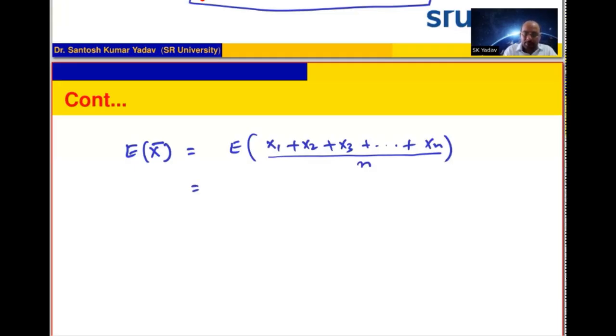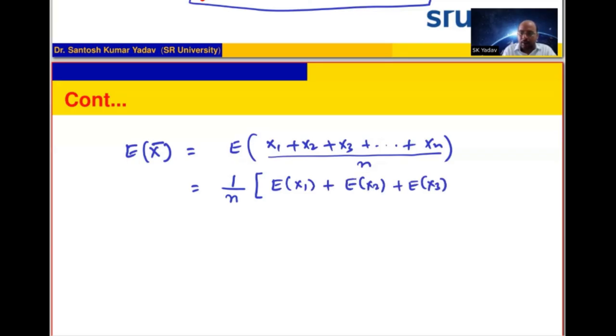Now using the expectation property, I have 1 upon n outside, and the expectation of a sum of random variables will be the sum of the individual expectations. So I can take this expectation inside individually: E of x1 plus E of x2 plus E of x3 plus and so on plus E of xn.